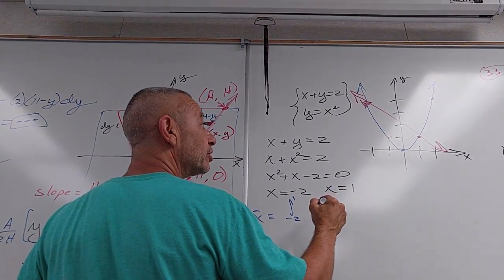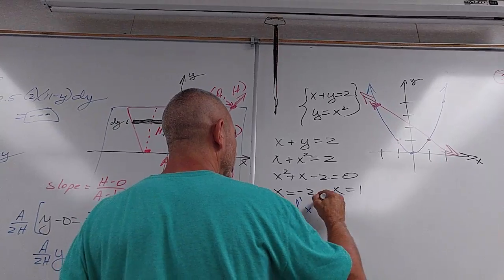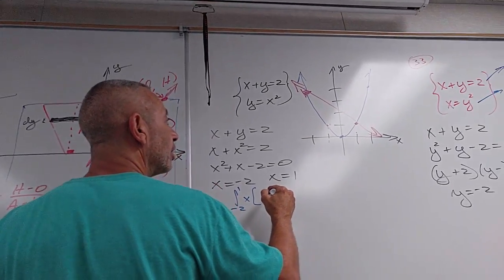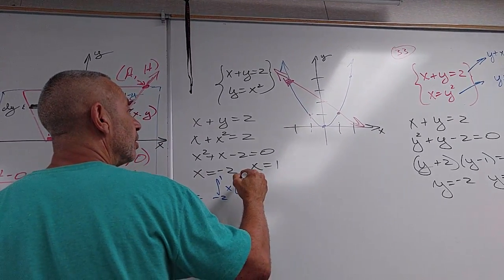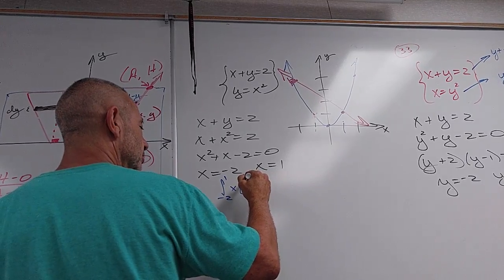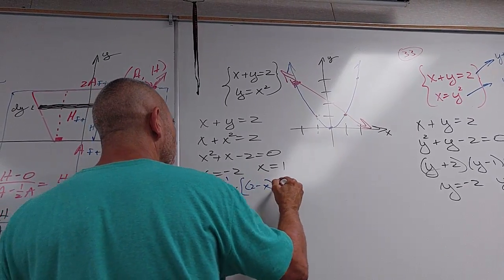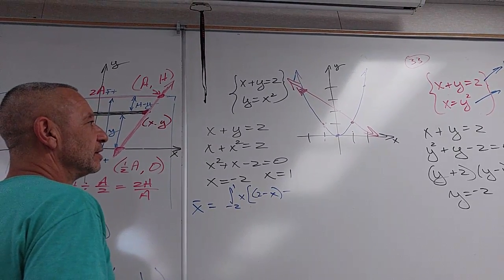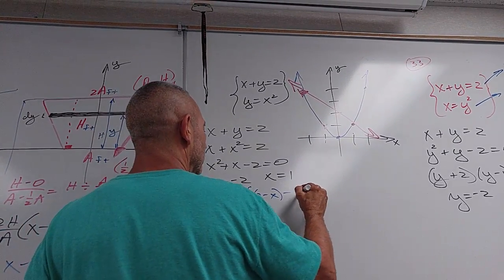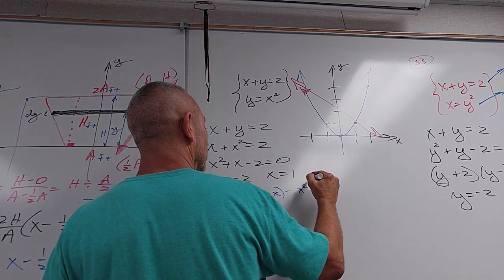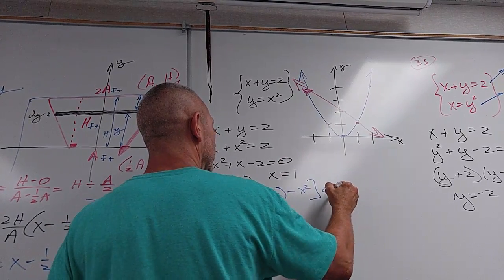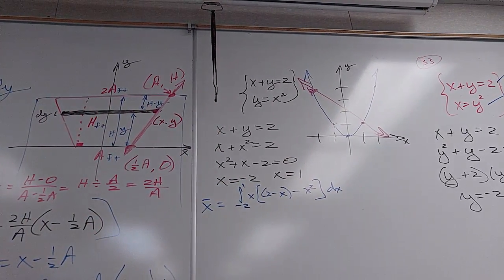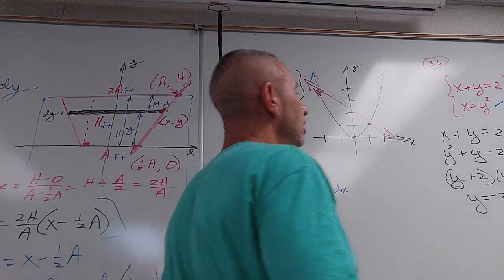The line's on top, so x times 2 minus x, minus x squared, dx, over the area.